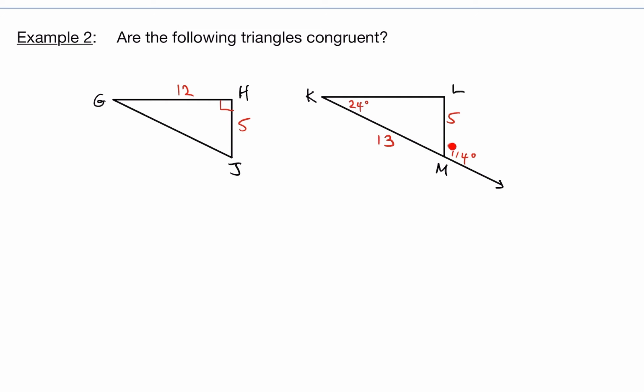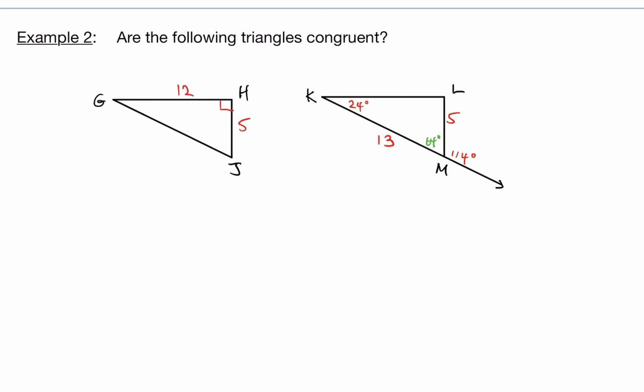So if this were 114, then the balance here would be 64 degrees, right? 180 minus 114 is 64 degrees. So we could say that this is 64 degrees. Now that we know this angle, we can add this angle, and when we do, 24 plus 64 add up to 88, which does not add up to 90.